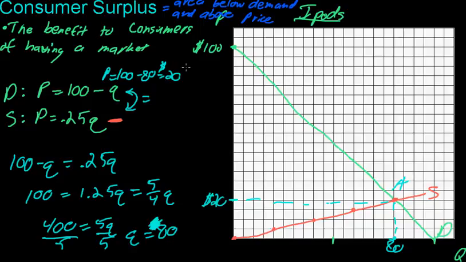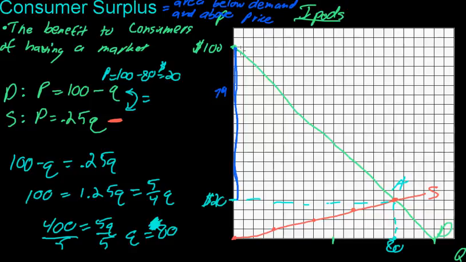And here's the logic. Because of this demand line, we know that when quantity is equal to 1, there is one person that is willing to pay $99, but he only has to pay $20 for his iPod. So he would have paid $99, but he only has to pay $20. So he gets $79 of surplus, of additional savings.